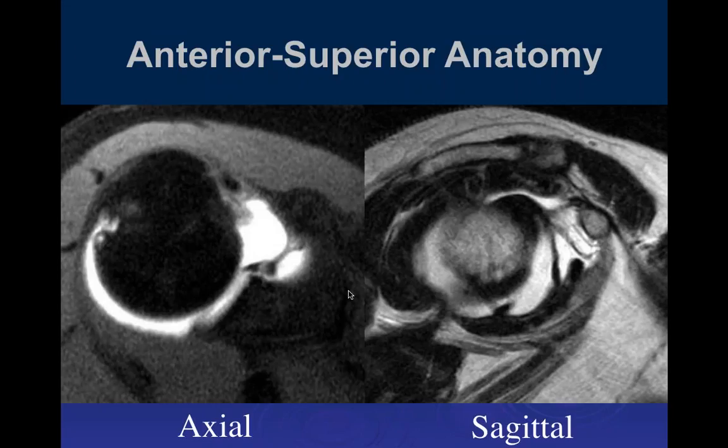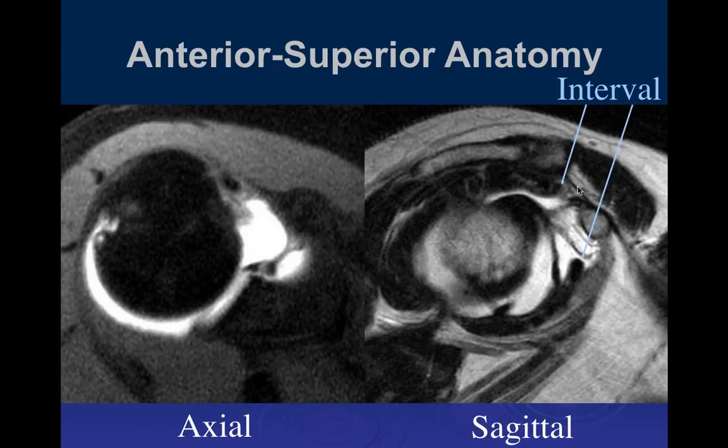Now, if we look anteriorly and superiorly, there is some complex anatomy that we need to go through. Here's an axial image through the superior portion of the glenohumeral joint space. There's the anterior labrum. Here's the superior glenohumeral ligament up in this area. If we go to the sagittal plane, we can see a number of structures coming off from here.